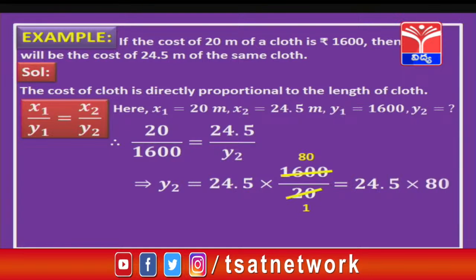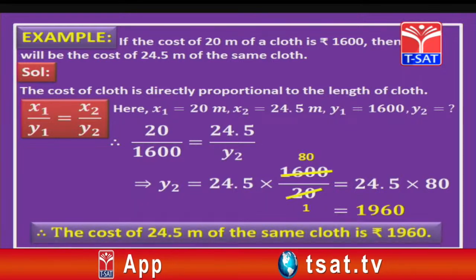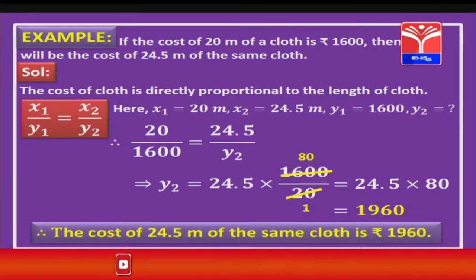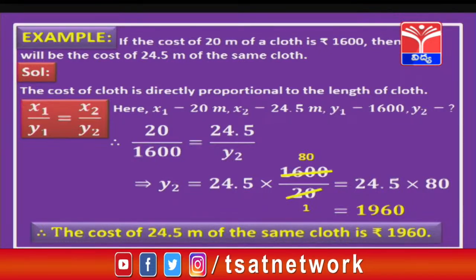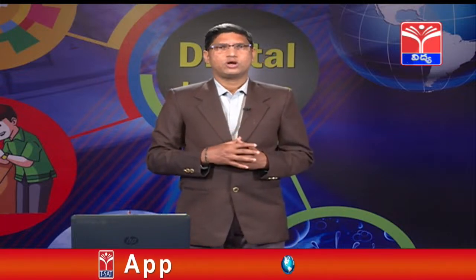Now, what is left, children? Yes, 24.5 into 80. On multiplying this, you get 1960. Hence, what do you write, children? Therefore, the cost of 24.5 meters of the same cloth is 1960 rupees. So, children, we have understood what actually a direct proportion is, and also we have solved an example on direct proportion.